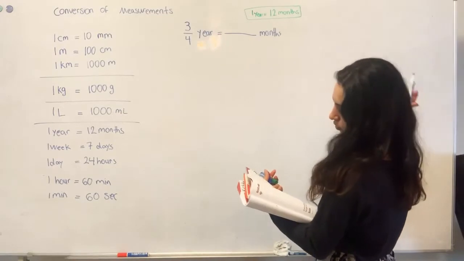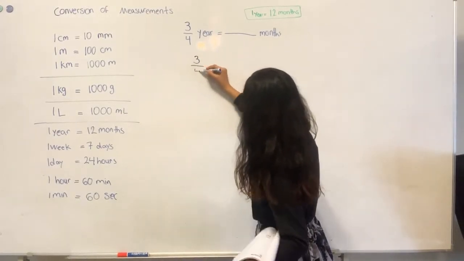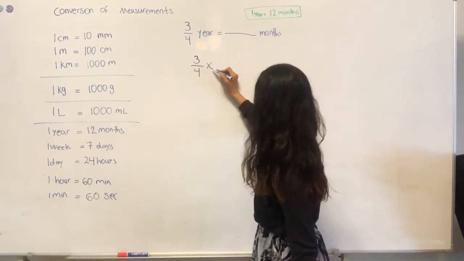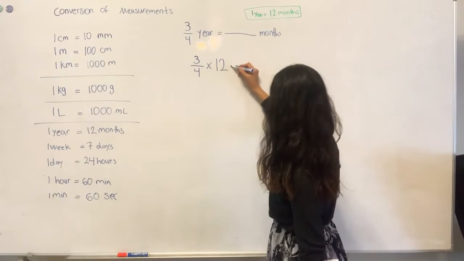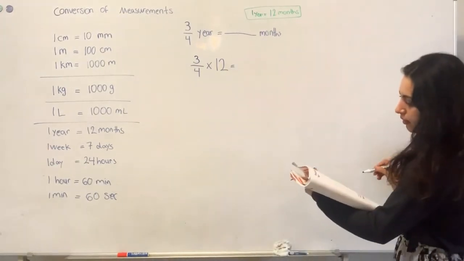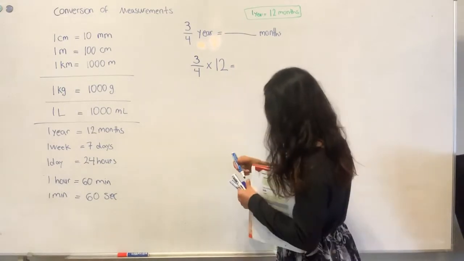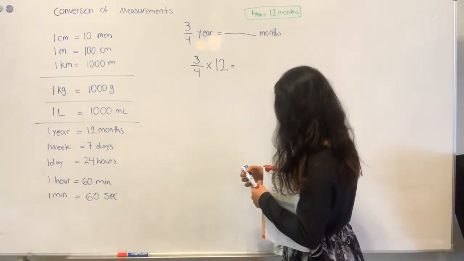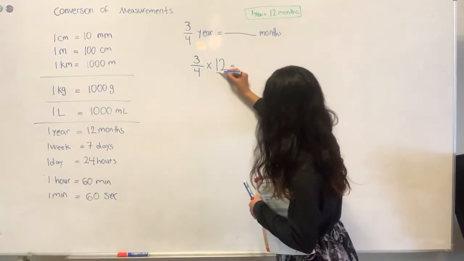We have to do 3/4 times 12. Correct? So how do we times this? So I'm going to give imaginary denominator.